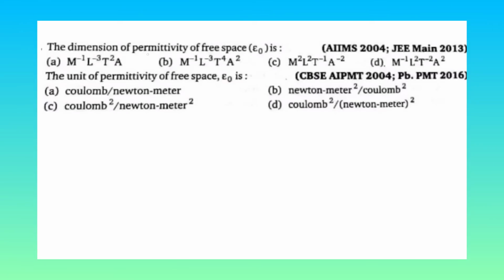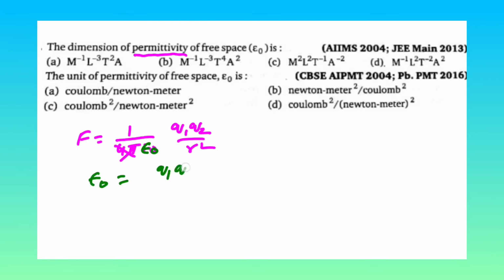Dear students, how to find out the dimensions of permittivity? You all know the formula: F is equal to 1 by 4 pi epsilon naught q1 q2 by r square. So 4 pi does not have any dimensions. How are you going to find out the dimensions of this quantity called epsilon naught? If you take epsilon naught, it becomes q1 q2 by F r square.